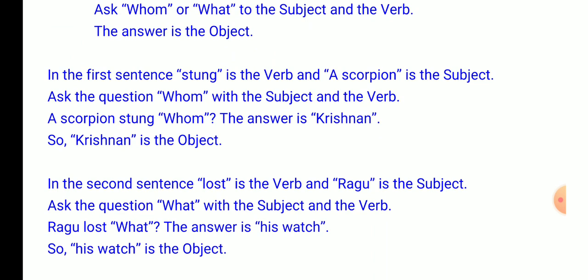If you want to find out the object in a sentence, you must ask two questions with the subject and the verb. They are whom and what. The answer which you get to one of these questions is the object. I hope you are clear about the object now.